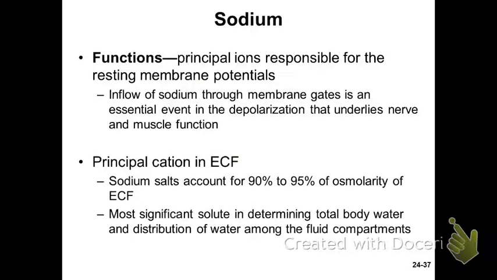I'm just going to mention sodium as being the most important ion for maintaining what's called the resting membrane potential. You'll know this much better next week, but the RMP, the resting membrane potential, and where sodium lies inside or outside the cell is going to be critical, again, in muscle and nervous tissue function.